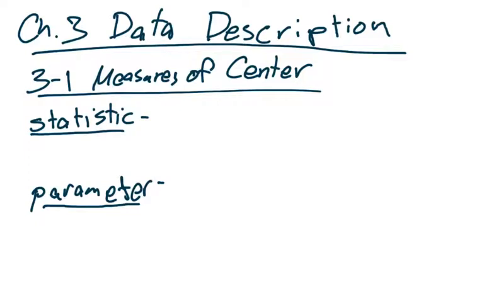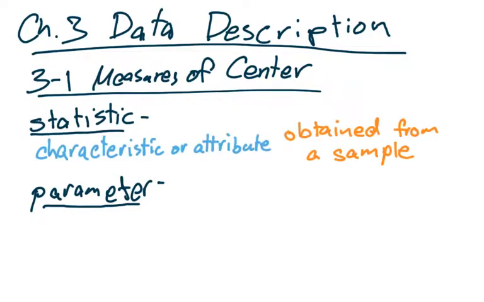The first thing we're going to cover is the distinction between a statistic versus a parameter. A statistic is a characteristic or measure obtained from the data values coming from a sample.